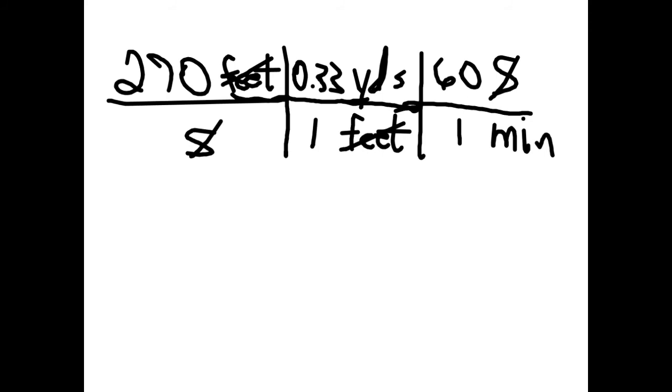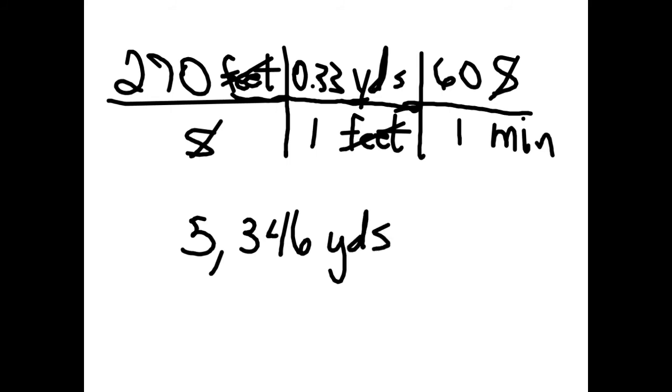Divided by 1, but you don't have to do that. So what is the answer? 5,346. 46 yards every minute.